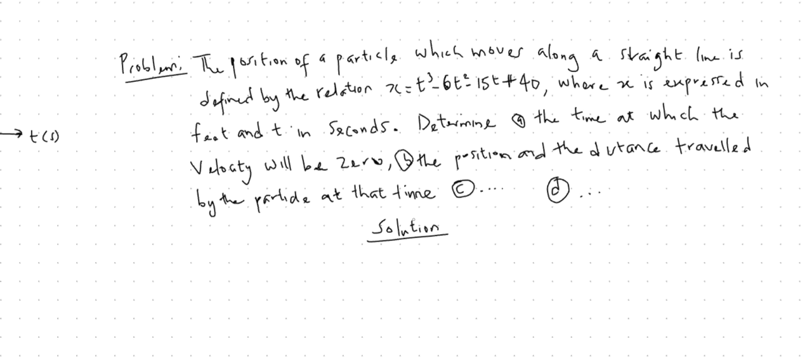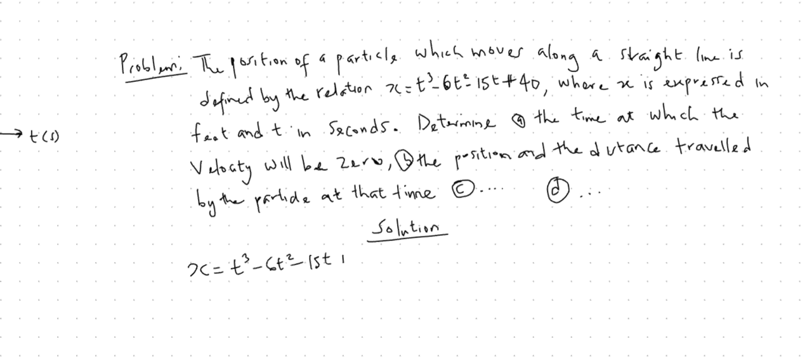So the first thing they ask us to find is the time at which the velocity will be 0. So the first thing we want to do now is to get the position, the velocity, and the acceleration, all from the basic kinematic equation. So we know that our position x is t to the power of 3 minus 6t squared minus 15t plus 40.